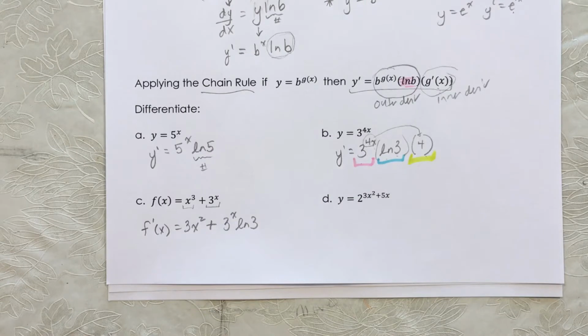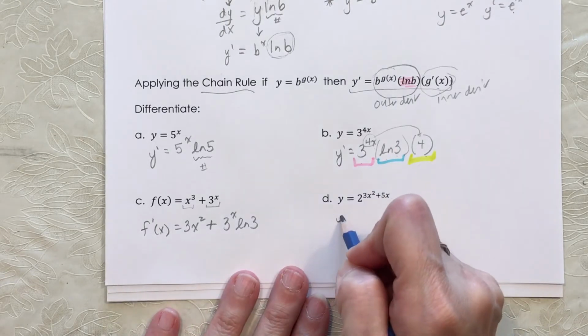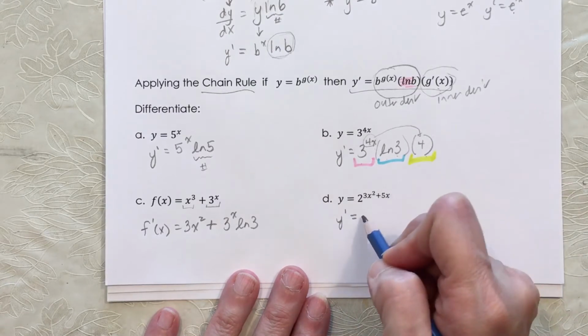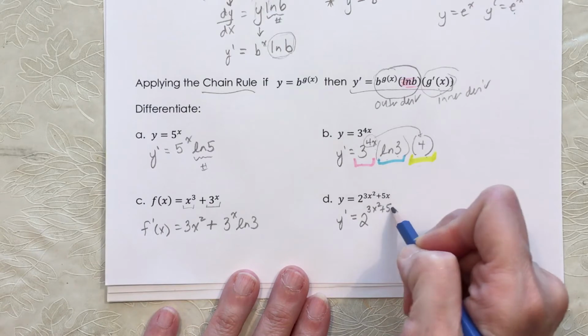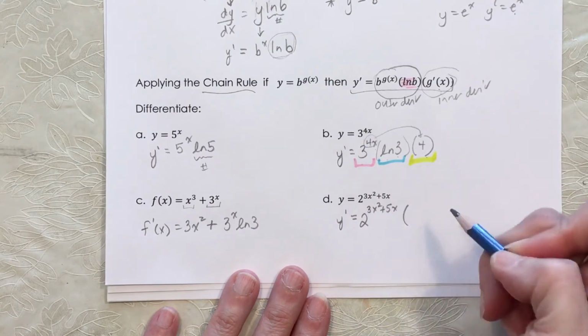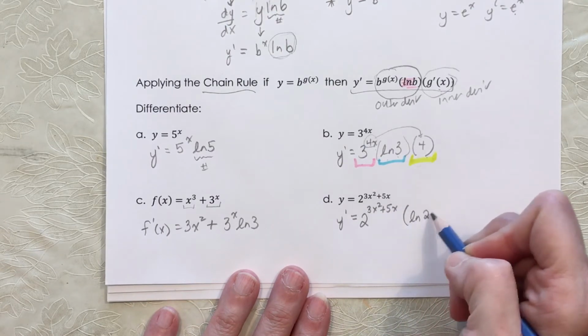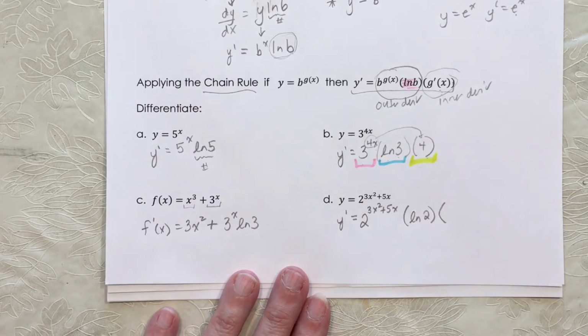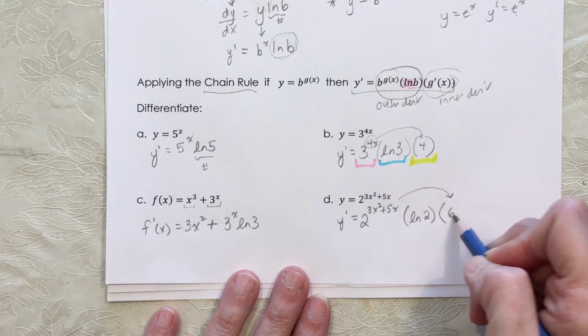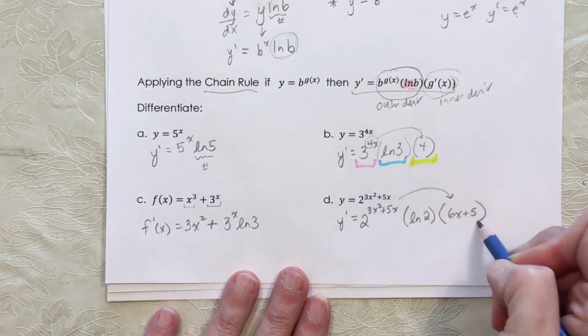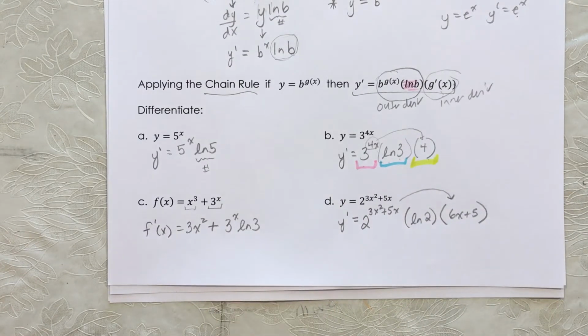And that's your derivative. Now y equals 2 to the power of 3x squared plus 5x. So y prime is going to be, so repeat this, 2 to the 3x squared plus 5x times the ln of the base times the derivative of the exponent, which is 6x plus 5. And that's how you would keep it.